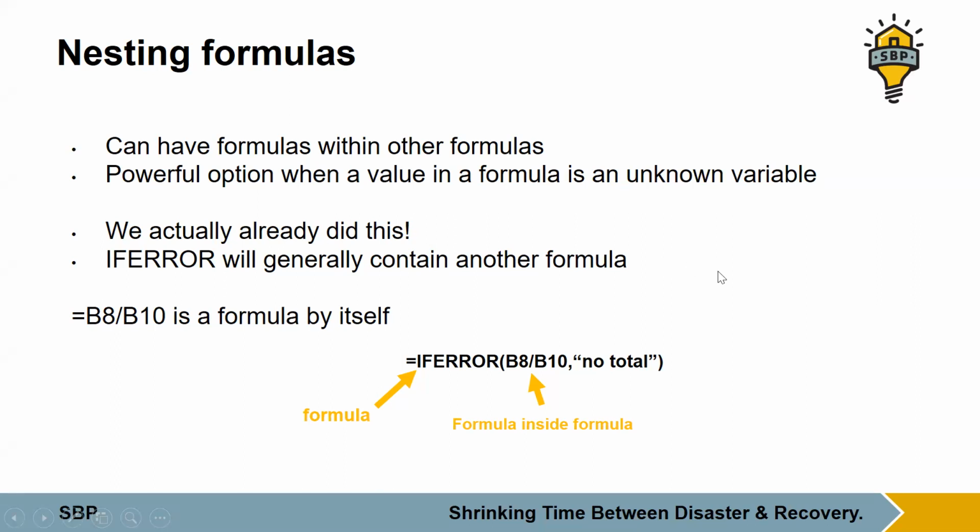So IFERROR starts with a function, and then nested inside that is a formula inside another formula. And the power of this is I don't have to separately calculate B8 divided by B10 and then reference it in there or otherwise get it into the formula. So you can see where this would be really powerful in other circumstances.